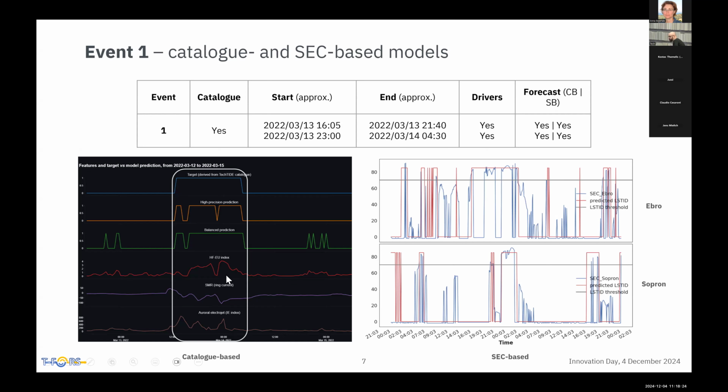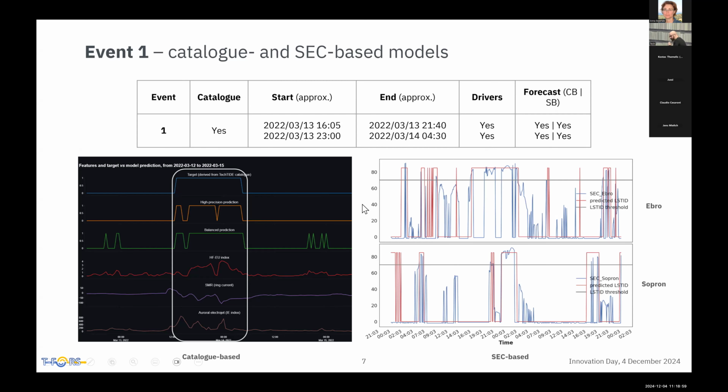But if you look at your PC, if you are connected on the Zoom, you can see here that the ground truth says that basically there are large-scale TID between 4 p.m. and 10 p.m. on 13, and during the night between 13 and 14. And the output of the models can catch quite well the behavior of the large-scale forecasting in these particular days.